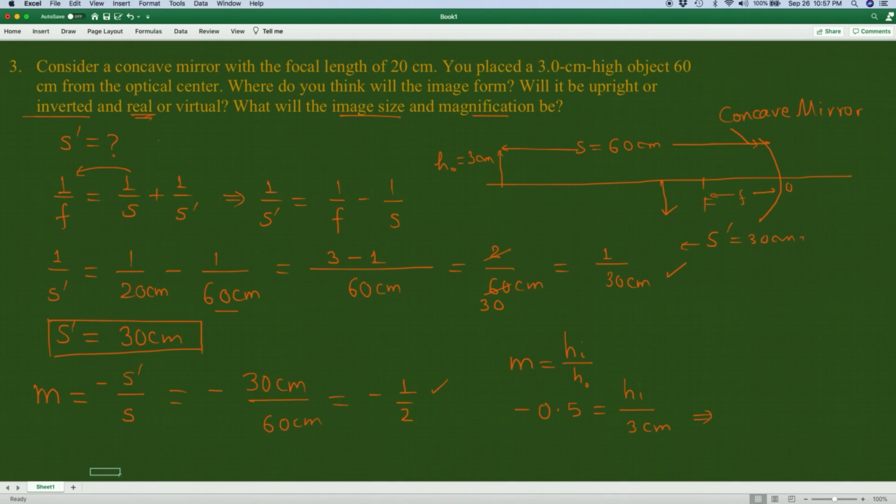So that means hi is minus 0.5 times 3 centimeters. We do the math, and we get minus 1.5 centimeters. That's the height of the image. And again, this minus sign means it's inverted. So this image would be diminished. It's smaller than the object.